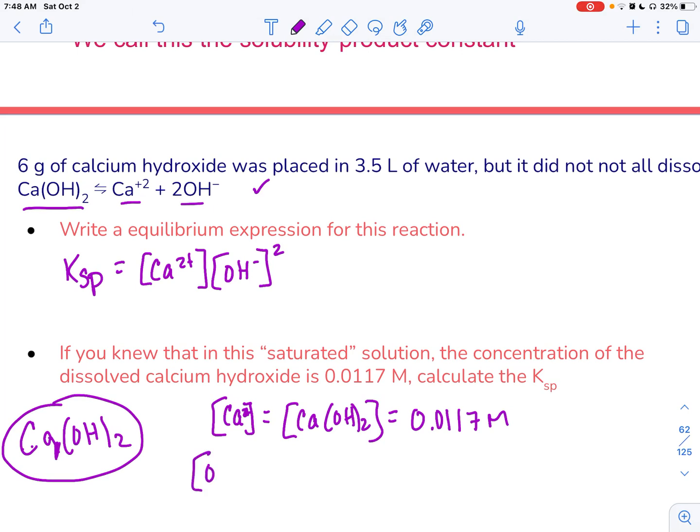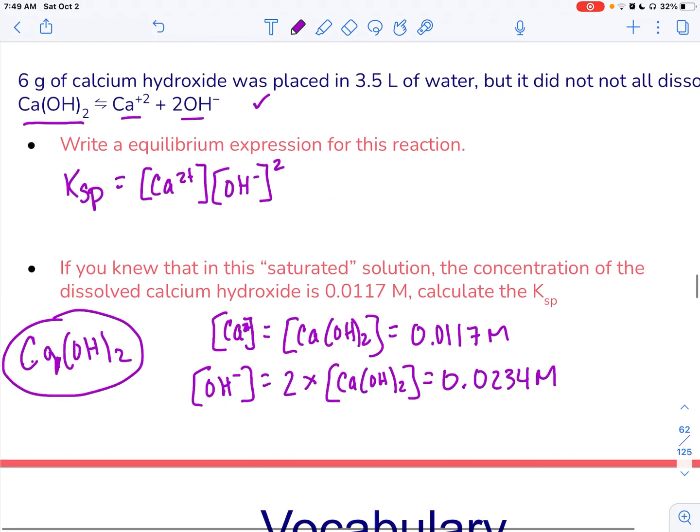Now for OH-, we're going to do 2 times the concentration of calcium hydroxide. And that's because for every 1 mole of calcium hydroxide, we get 2 OHs. So we're going to do 2 times, and we get that. All right, so now all you have to do is plug your 2 concentrations into your Ksp.